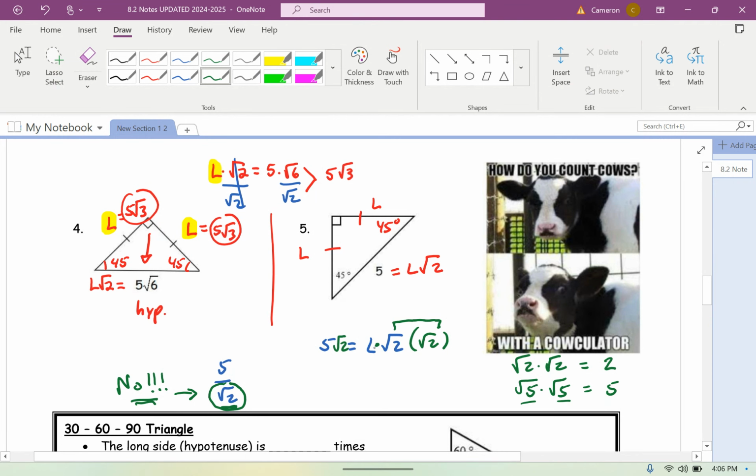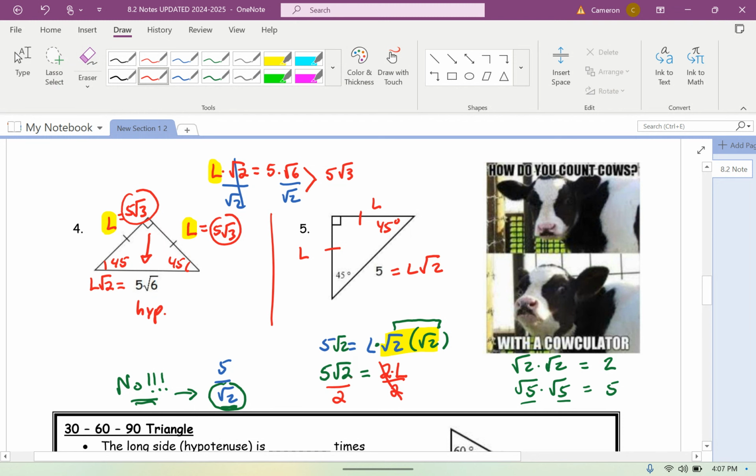And so taking it back to my equation now, I multiplied both sides by rad 2, so the left side is 5 rad 2. On the right side, notice rad 2 times rad 2 is just going to turn into normal 2. And I still have L, but the benefit is now I got rid of the radical next to my variable. So now, solve it like a normal equation. To get rid of the 2 that's being multiplied by L, I'm going to divide both sides by 2.